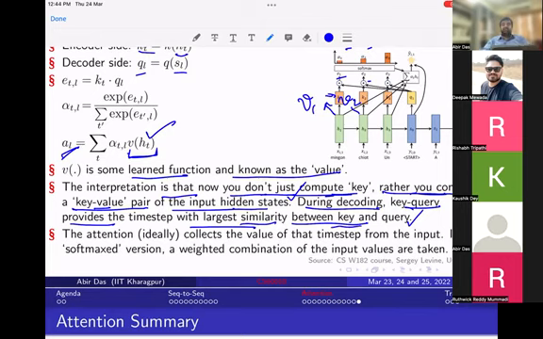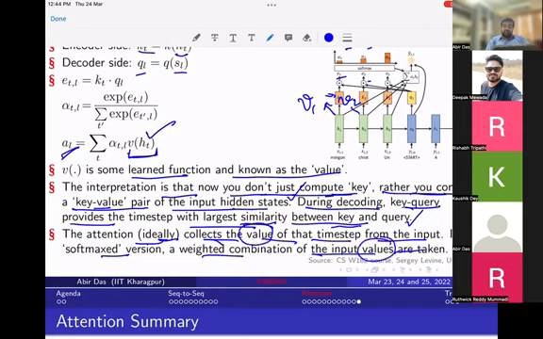Ideally, it was that, but again, since that breaks the backpropagation, we are getting the softened version of it. The attention ideally collects the value of that time step from the input. In softmax version, a weighted combination of the input values are taken. So the important bit is the term value here.